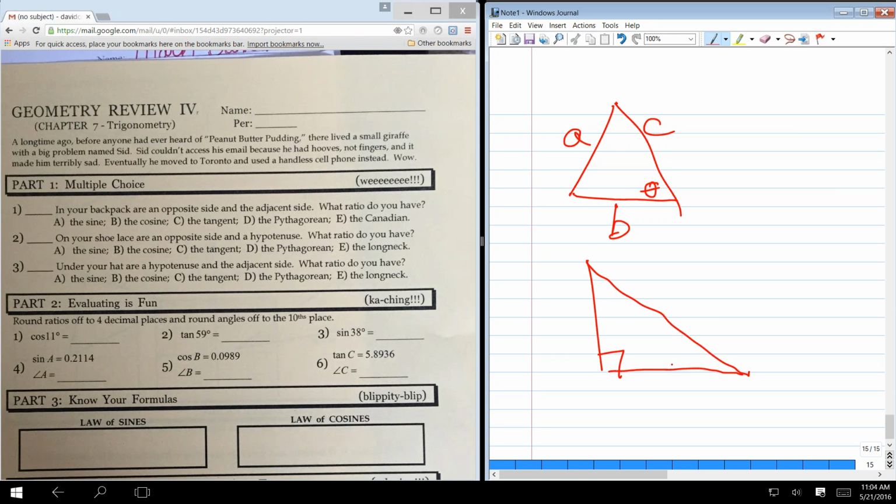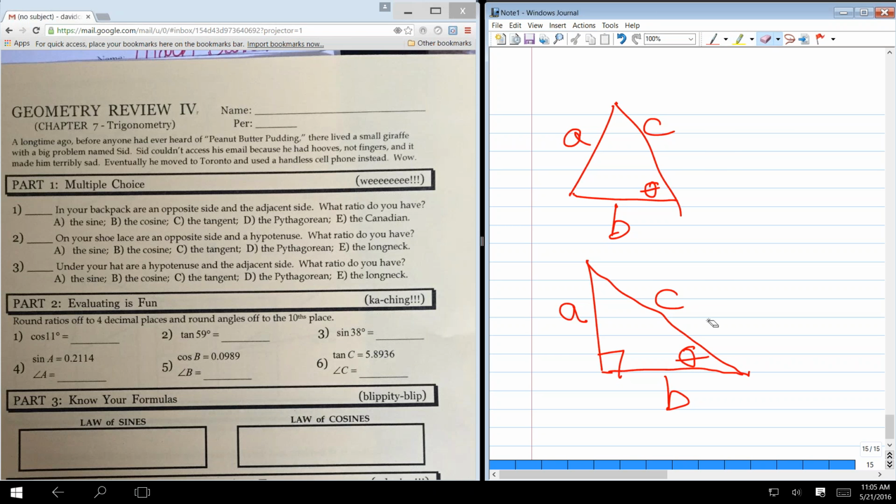It's only in a right triangle, where if I have theta, that's the opposite, that's the adjacent. When you have a right triangle and they say adjacent, they always mean the adjacent side that is not the hypotenuse. Because C is still adjacent to theta, but it's the hypotenuse, so we never choose the hypotenuse.